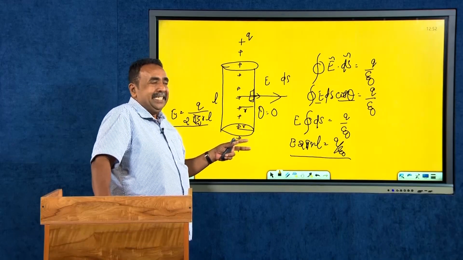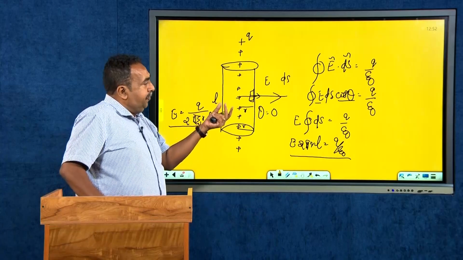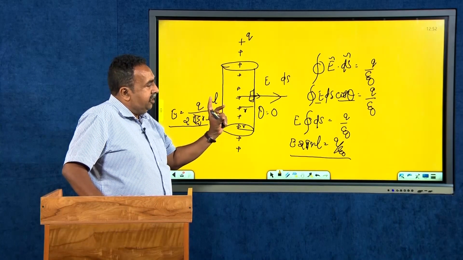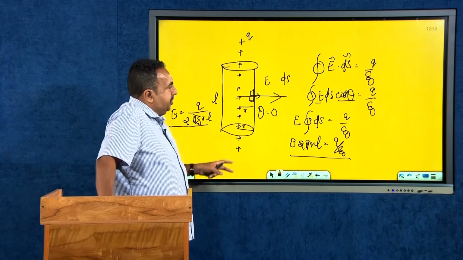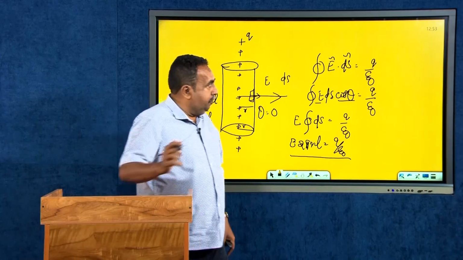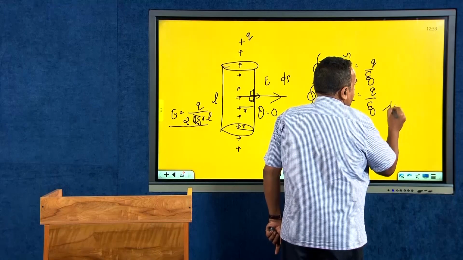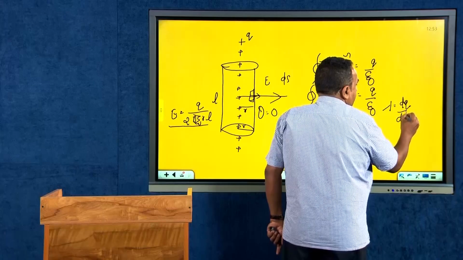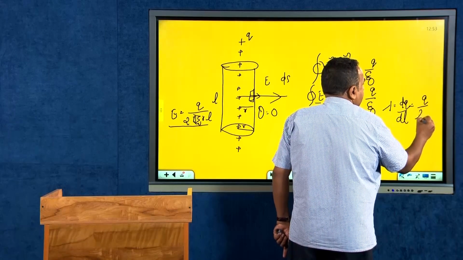Since this is a uniform charge distribution, if you take a small length, say 5 centimeters, then the charge on the 5 centimeters at every point will be the same. Therefore, the charge per length, that is the linear charge density lambda, will be equal to dq by dl. It must be equal to total charge divided by total length also.